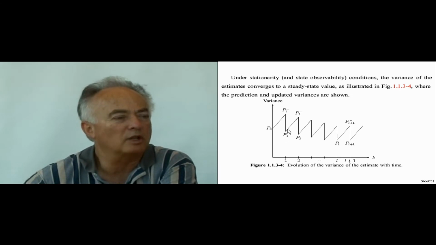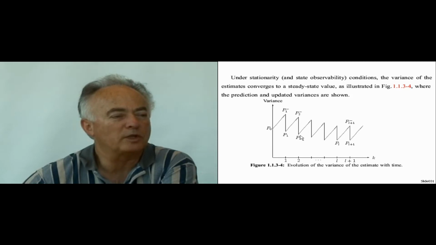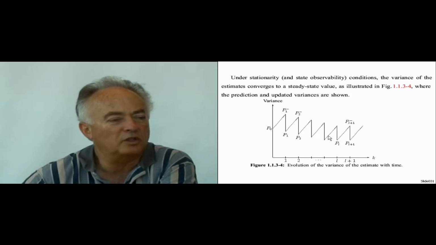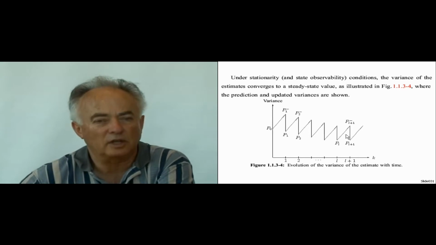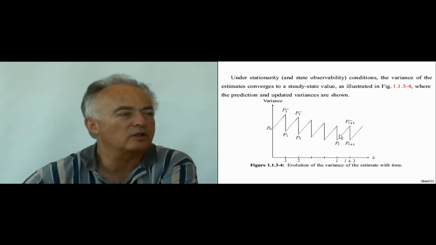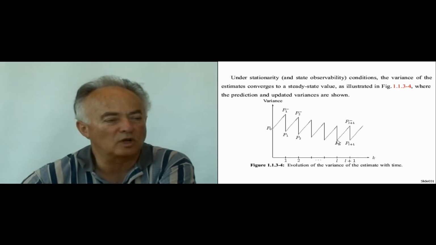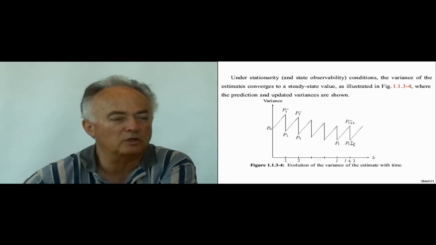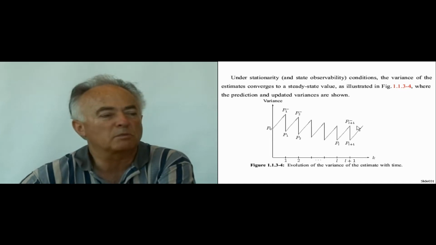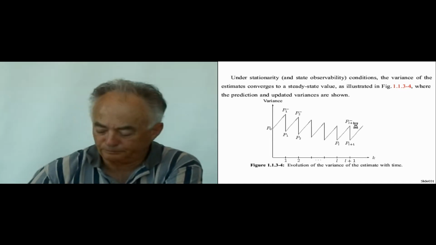Then we get to P1, which is predicted to time 2, get to P2 minus, updated to P2, and so on until it turns out there are mathematical conditions we'll see later that it goes to a steady state. So there is one constant value for the updated covariance, another constant value for what's called the one-step prediction covariances.